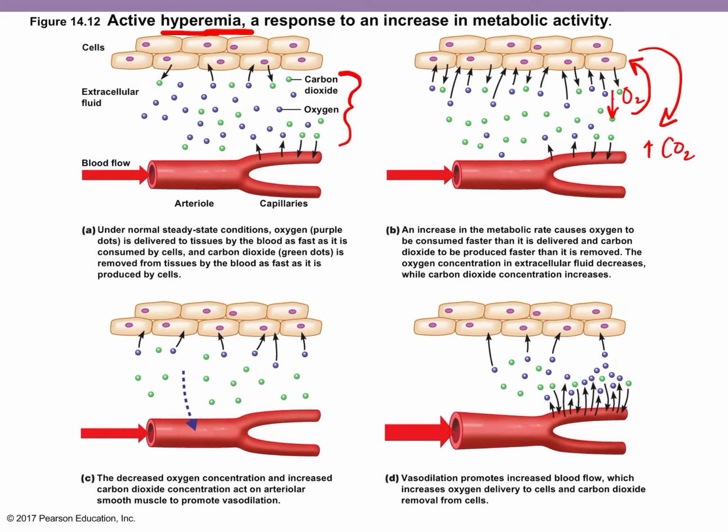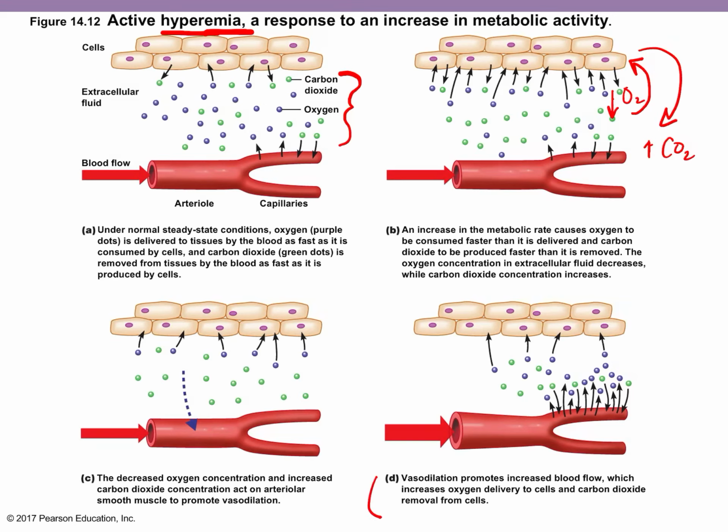You're going to pump out a lot of CO2, the waste product of cellular metabolism, and that's going to build up. The smooth muscle in your blood vessels responds to that by dilating, so they can supply more oxygen and remove that excess carbon dioxide. That is called active hyperemia, okay?